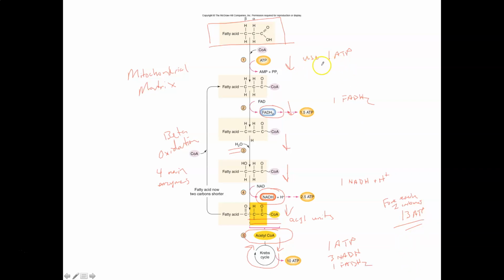Well, we know that we used 1 ATP. So we're going to come back and look at that. But let's take a look at what we get from just the process of beta oxidation. If we have 1 FADH2 and 1 NADH molecule, and those are going to run through the electron transport chain, when 1 FADH2 molecule donates its electrons, you get 1.5 ATPs.